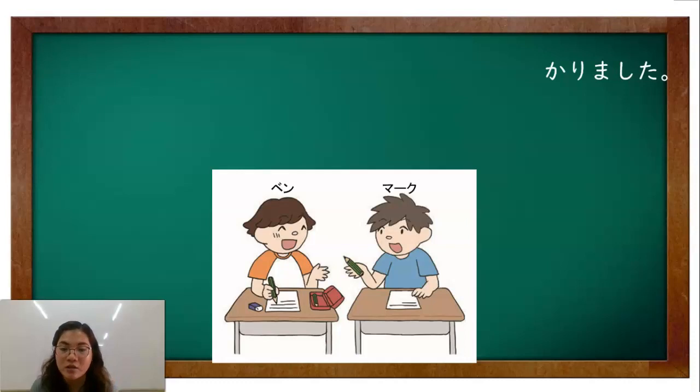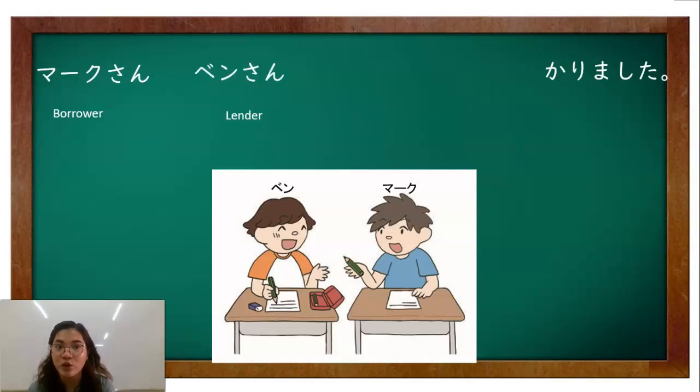So, karimasu, to borrow, and karimashita, borrowed. Kung sino yung nanghiram, siya yung person 1 natin, which is si Mako-san. Kung kanino siya nanghiram, that would be Ben. At kung ano yung object na hiniram niya, that is lapis in Japanese, enpitsu.